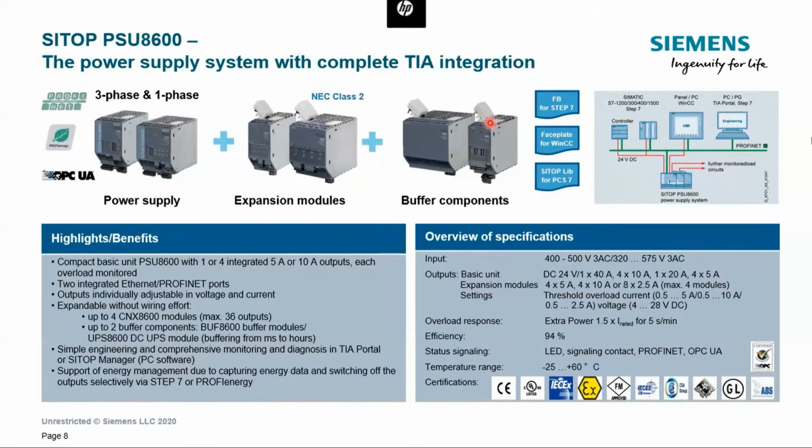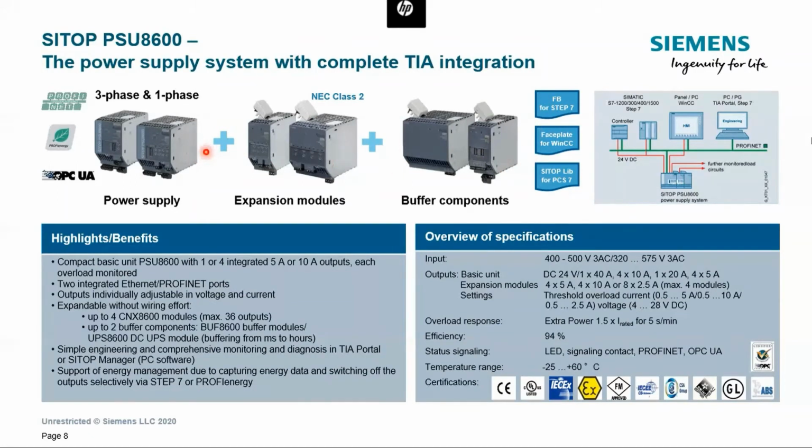As you can see here, we have function blocks for our PLCs, faceplates for our SCADA systems and HMIs, ready-made, and we have libraries also for our DCS7 system as well, which are ready for you to use.